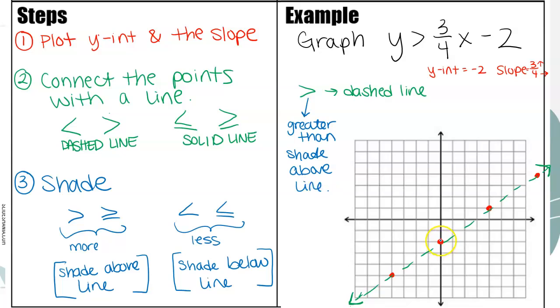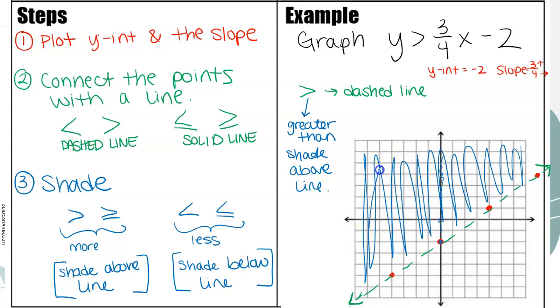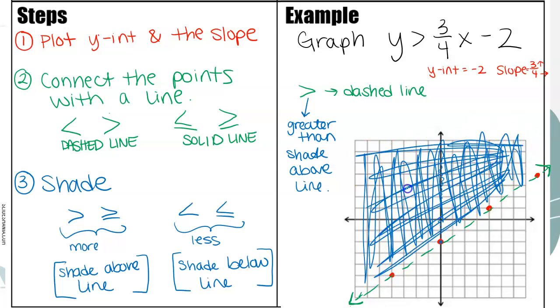Right. So above the line, what I typically do is I look at my y-intercept and I find all the points that are above that line. That's where I'm going to be shading. And it's not just the y-axis that I shade, but it is the whole grid above that line. And you can kind of get creative here and scribble and do all that kind of fun stuff.